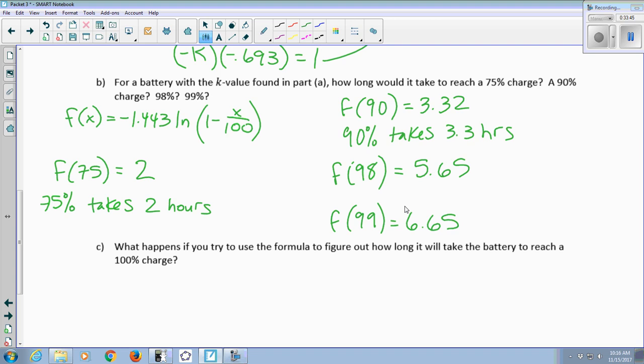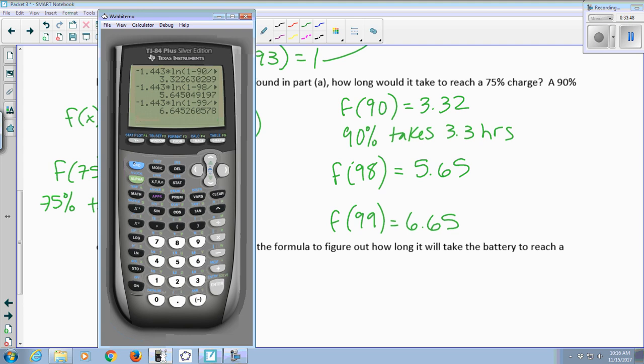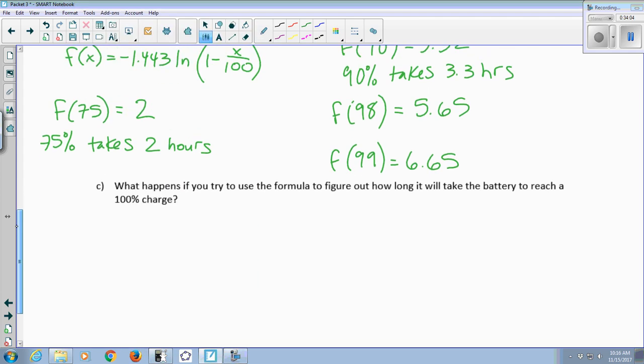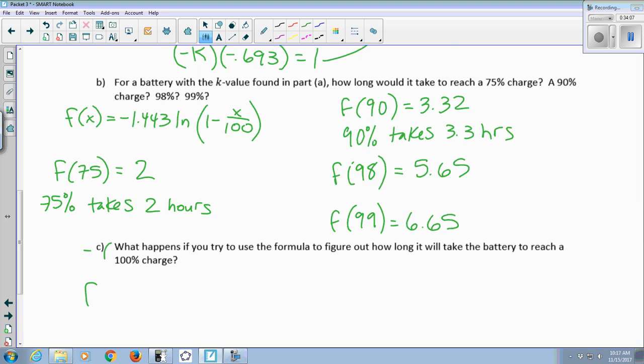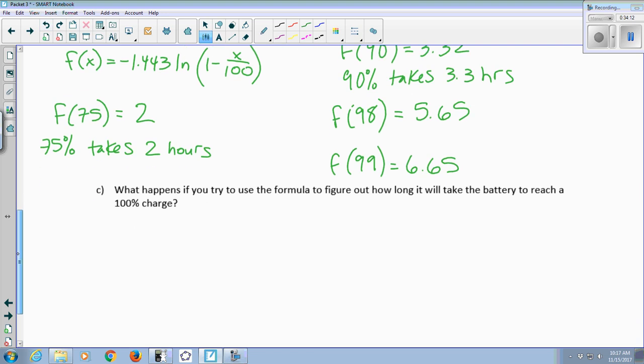All right, let's see. What happens if I try to use the formula to put in 100? How long till I get to a 100% charge? I get a domain error because if I try to plug in 100, I'd be writing f of 100 is negative 1.443 times the ln of 1 minus 100 over 100.